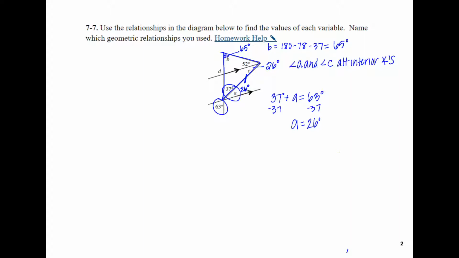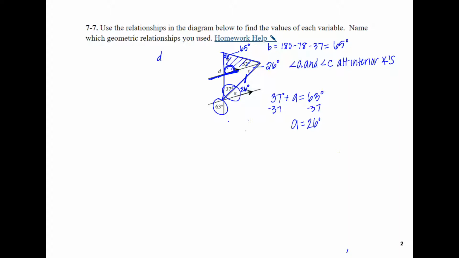And then if we look at this smaller triangle, we know that supplementary angles add up to 180 degrees. So if we can find this missing piece, we then can say that angle D and that circled angle are supplementary angles.